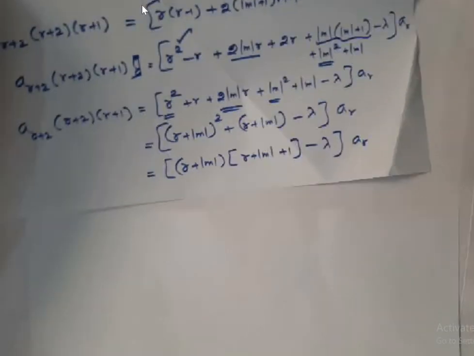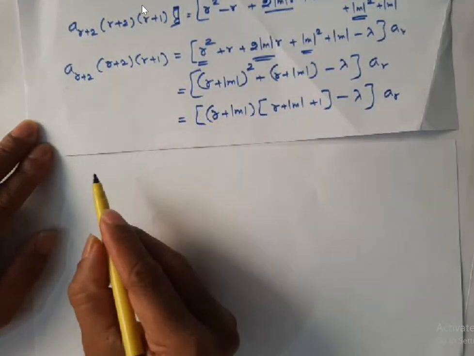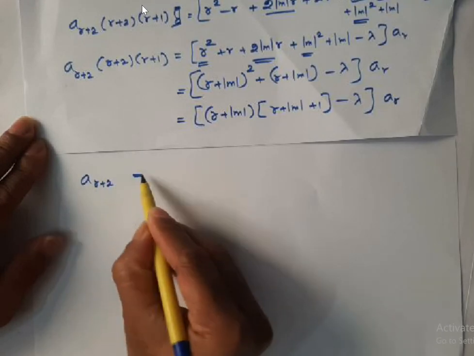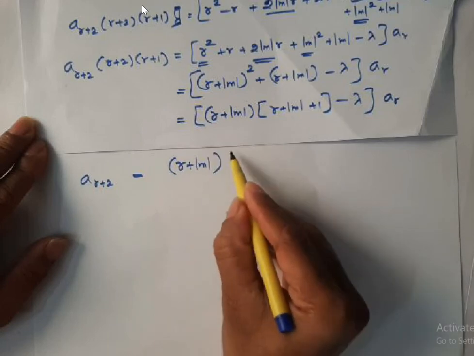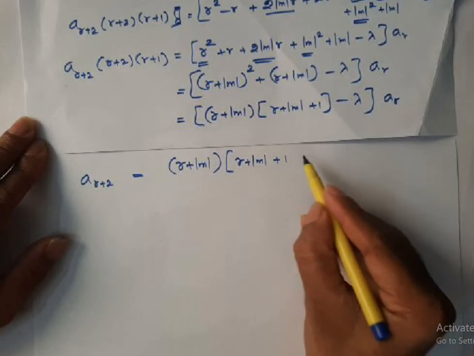So we got this expression now. Let me rewrite this: ar plus 2 equal to r plus m into r plus m plus 1 minus lambda into ar divided by r plus 2 into r plus 1.